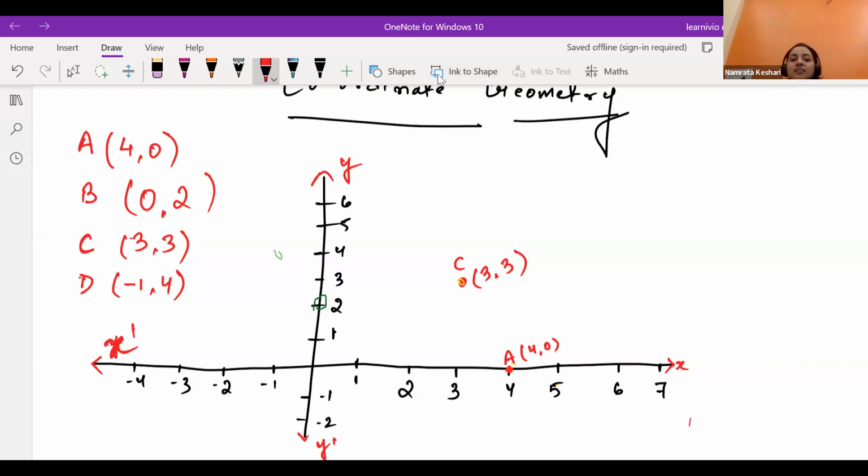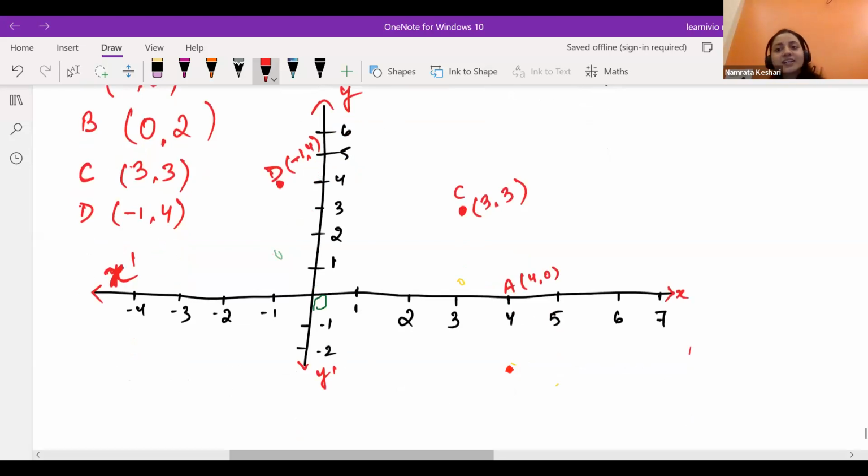This green color is -1, 4. D is the coordinate, and Tejas has already given like that. It is correct, right? So I can see you already understand the basics. Now we'll be solving advanced level questions from coordinate geometry. So let's start the discussion.